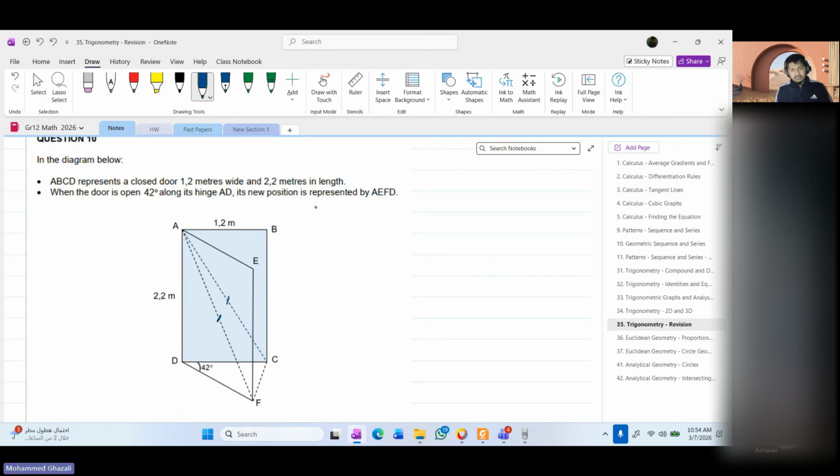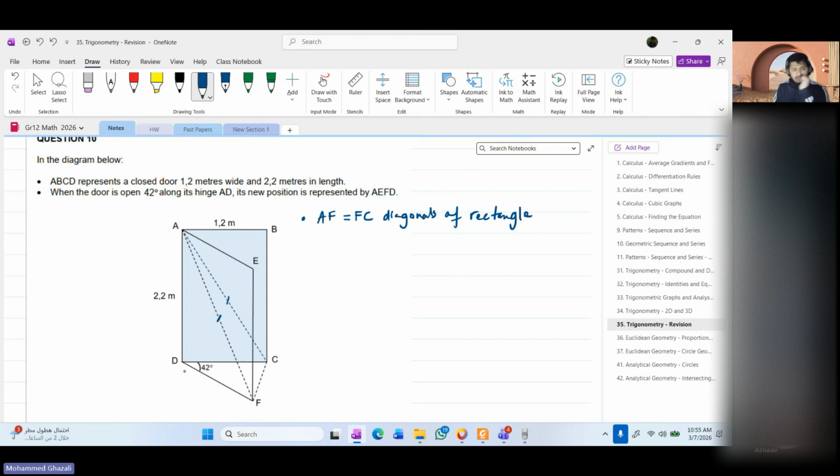Okay, so let's write that. AF is equal to AC because that's diagonals of rectangle.